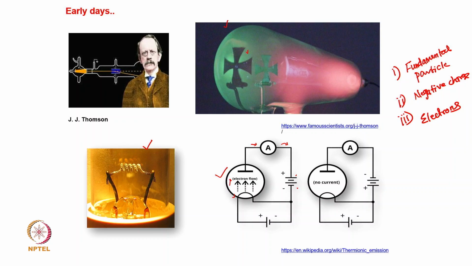So, these particles are definitely negatively charged, and now people had no confusion that these particles must be electrons, they are negatively charged, and they show a very clear current in the emitter.